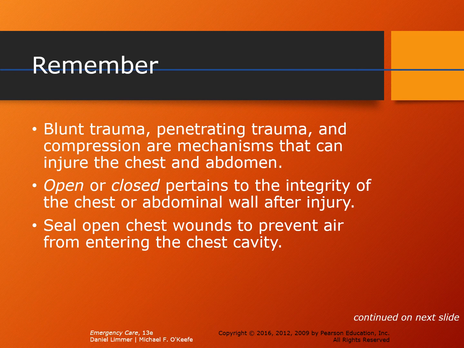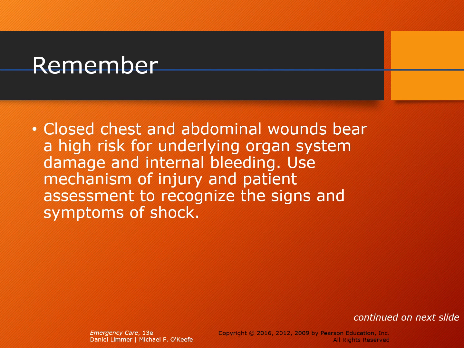We should seal open chest wounds to prevent air from entering the chest cavity. And we should also note that closed chest and abdominal wounds bear a high risk for underlying organ system damage and internal bleeding. Use the mechanism of injury and patient assessment to recognize the signs and symptoms of shock. And always treat the patient, not the injuries.